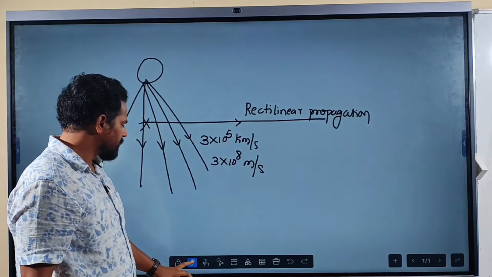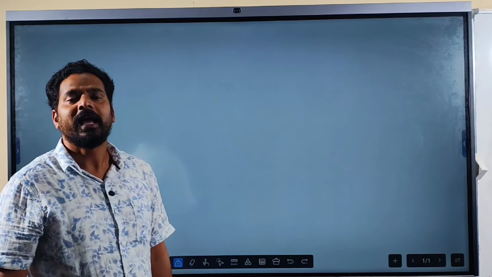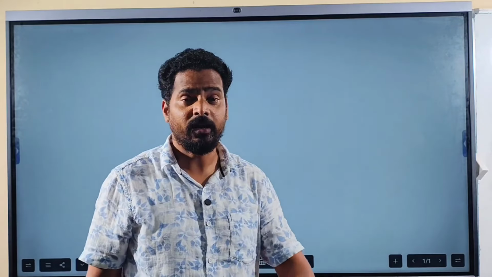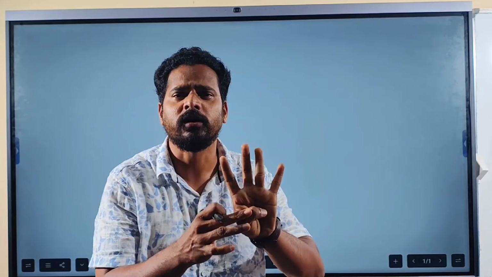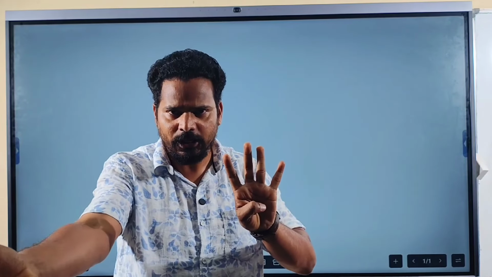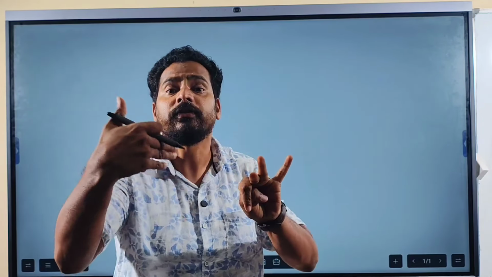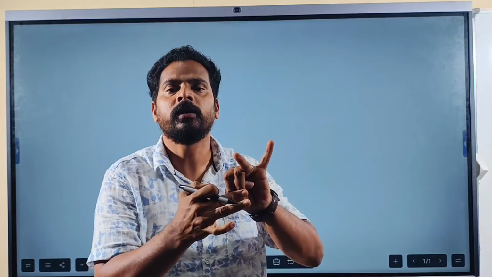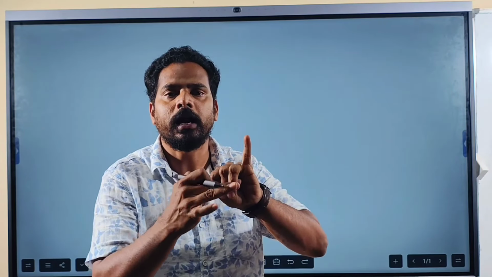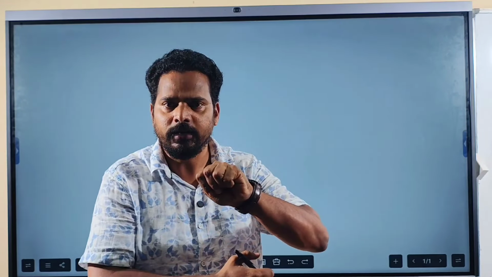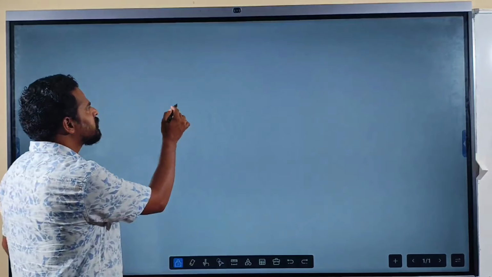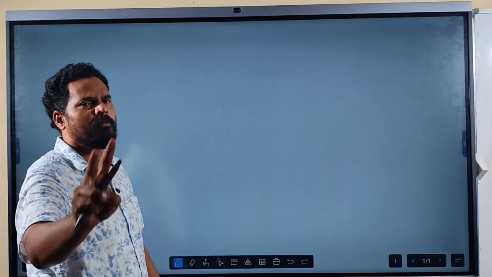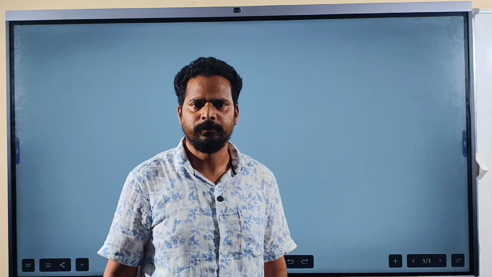Now let us understand the characteristics of light. There are different characteristics of light. The first is light reflection. Second, refraction of light. Third, diffraction, polarization, interference. These are the different characteristics of light. But in this chapter, we are going to study only two characteristics.